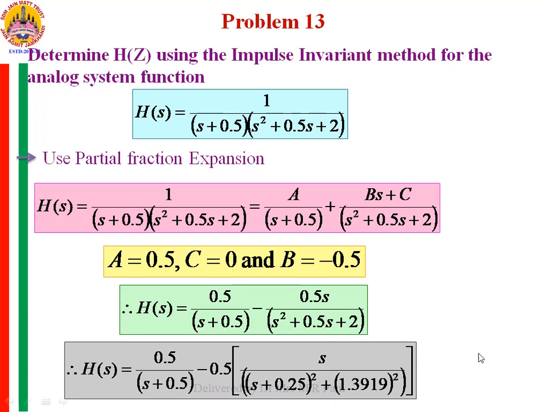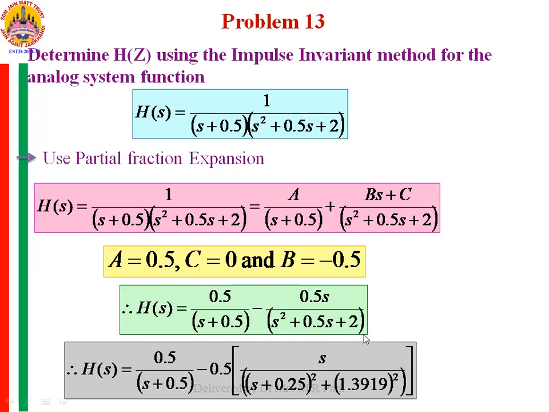See here, this is a quadratic equation in s. So the middle term, which is the coefficient of s, consists of 2as. So a is 0.25. So these two consist of a square plus b square. So a square we have to subtract from this 2.